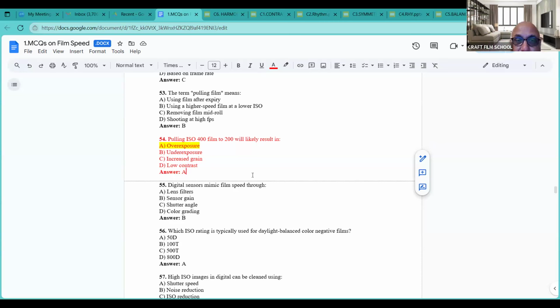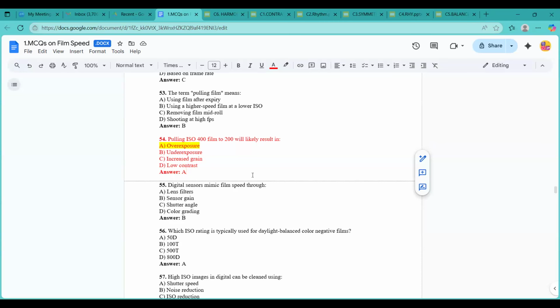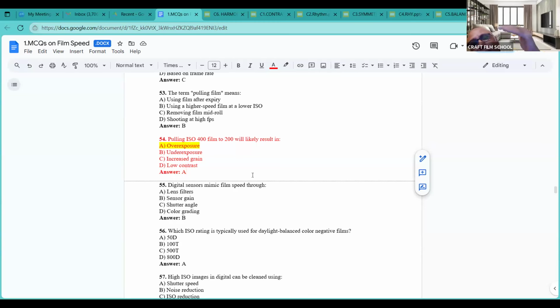Right or wrong? Yeah. This process of rating a higher ASA to a lower ASA was called pulling, because in the time of processing, you are going to underdevelop. If the time was 4 minutes, as per the experience, it will be underdeveloped for 3 minutes to get the desired effect. So this is a pushing and pulling process.